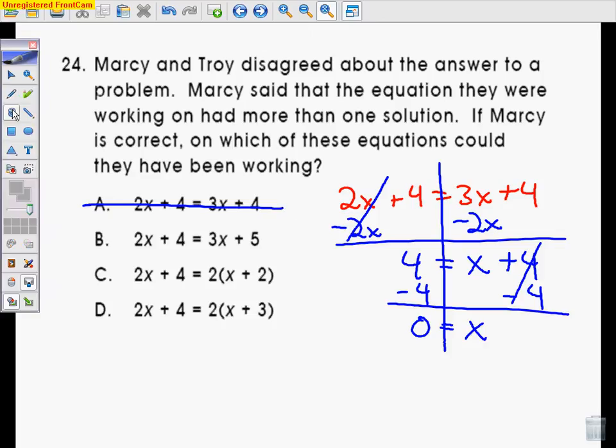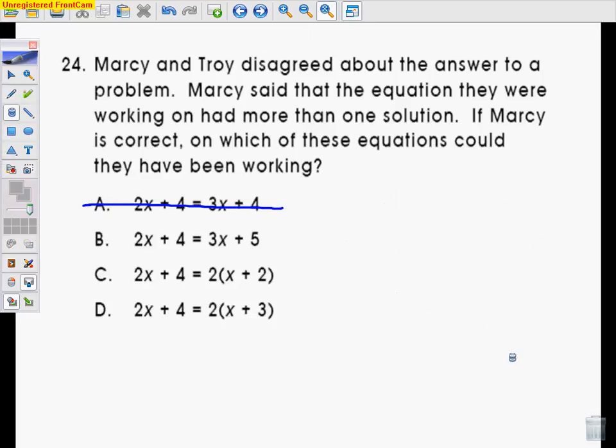All right. Now, another way that you could do this problem, we're not done obviously because we don't have an answer yet, is when they tell you that there's an equation that has more than one solution, especially a linear equation that has more than one solution, the left side of the equation and the right side should be equal to each other.